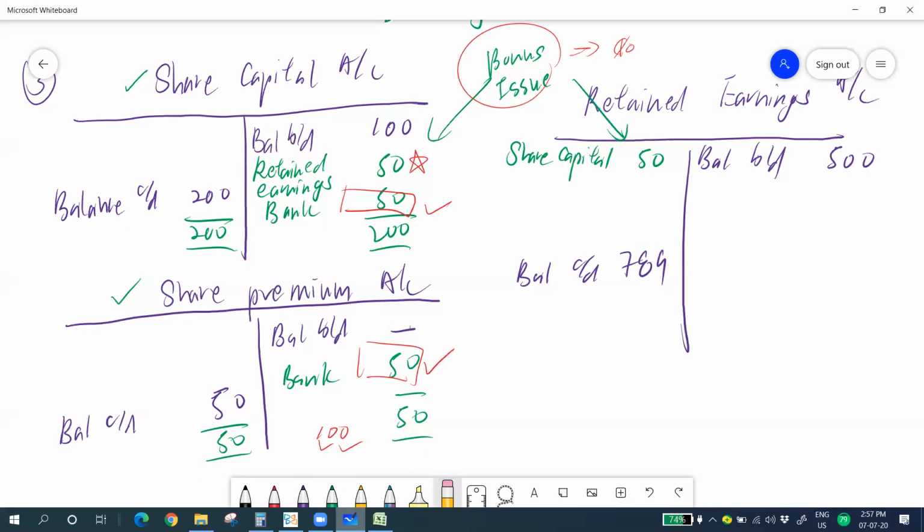It's a non-cash transaction. It means that we did not receive any money from this 50. This 50 is merely a transfer from retained earnings to the share capital. Similar to a general reserve transfer to retained earnings or retained earnings transfer to general reserve. It's just a transfer. There is no cash movement. That's why this 50 we will not show in our cash flow statement as a collection. Clear or not clear?